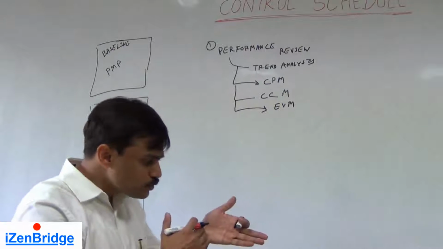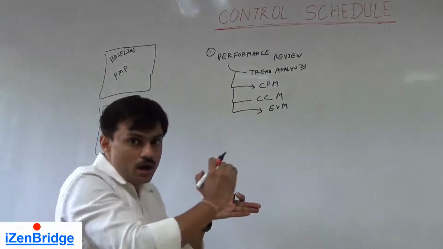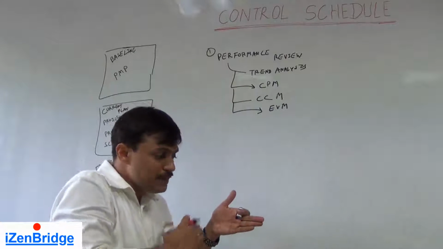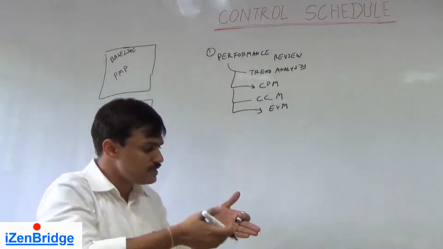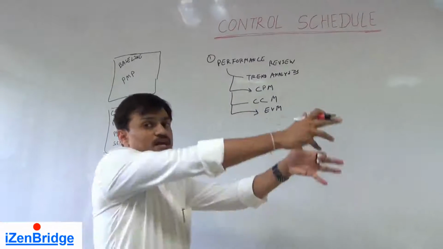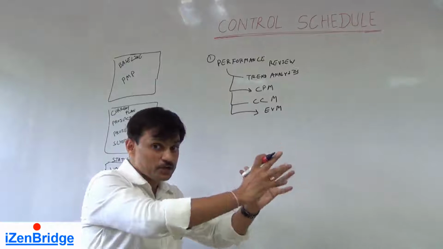Why? Because we need to identify that if our schedule is going in this way, how do we expect our project to behave in the coming time. So we do a trend analysis. We see the historical information of our project schedule and try to predict how things are expected to move.